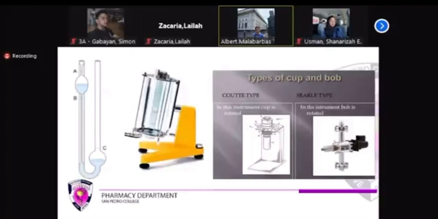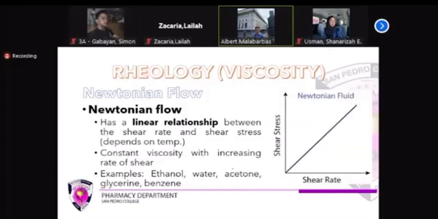Okay? So, let's talk about the types of flow according to rheological concepts. There are two main types of flow: Newtonian and non-Newtonian flow. Newtonian flow has a linear relationship between shear stress and shear rate. The important thing about Newtonian flow is that this type of liquid exhibits constant viscosity with increasing rate of shear.